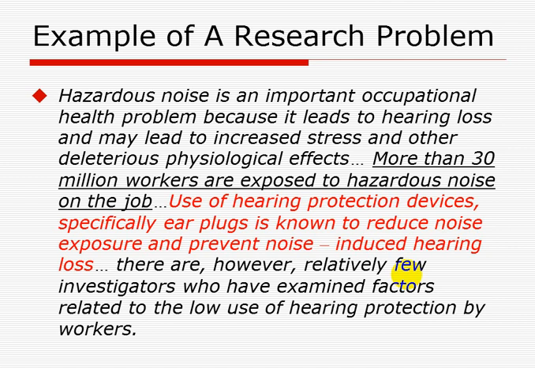So more than blah blah blah, more than 30 million workers are exposed to hazardous noise on the job, blah blah blah. Use of hearing protection devices, specifically earplugs, is known to reduce noise exposure and prevent hearing loss. There are, however, relatively few investigators who have examined factors related to use of hearing protection by the worker.